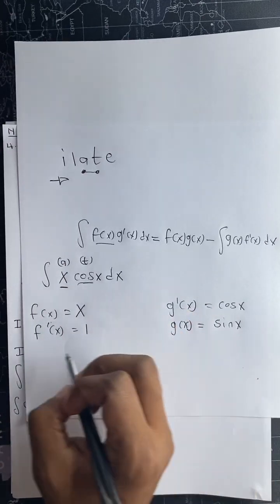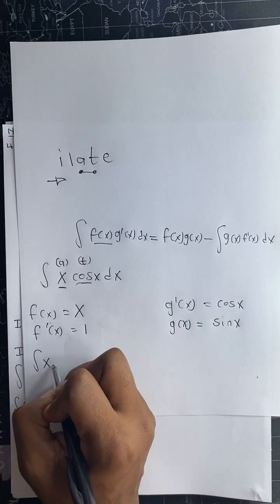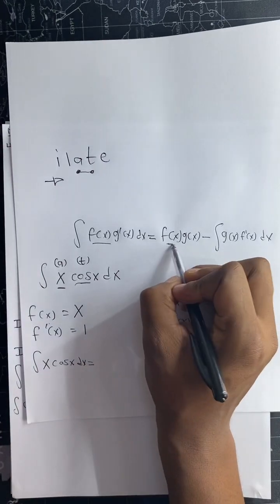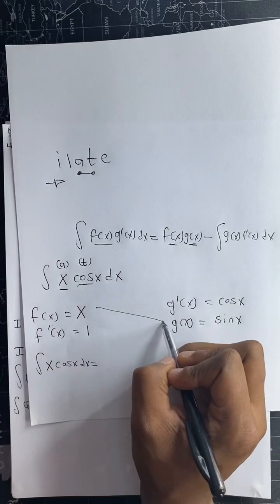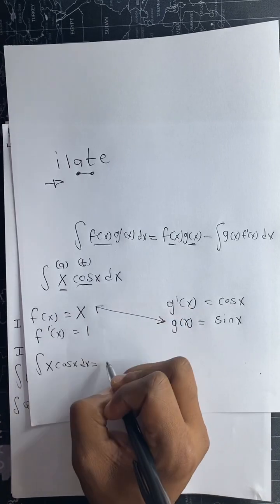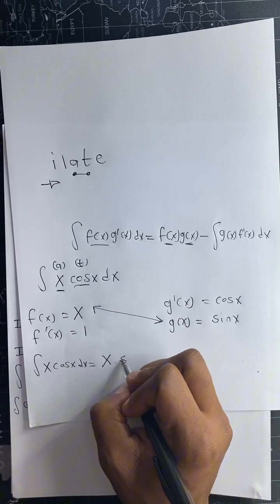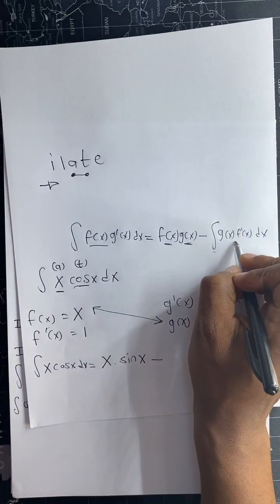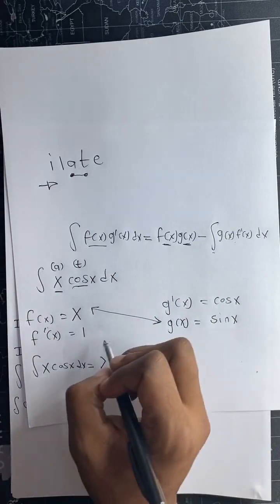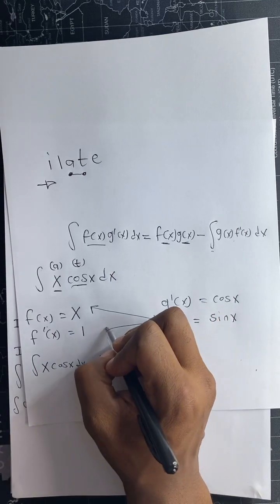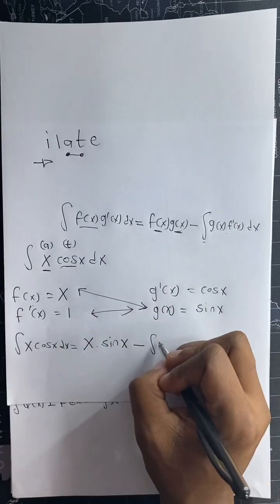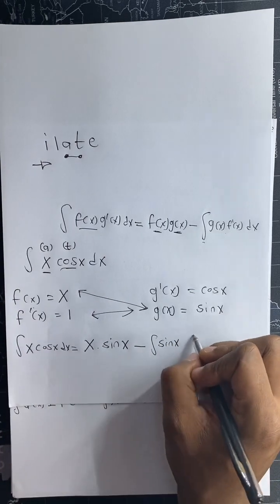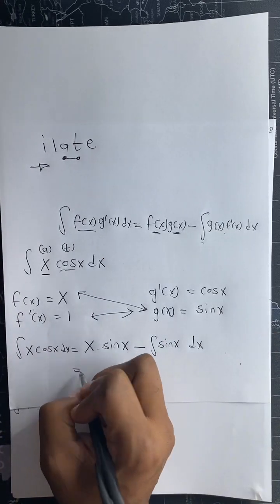So now, to determine the integral of x cos x dx, we get f of x multiplied by g of x, where f of x is equal to x, our g of x is equal to sin x, minus the integral of g of x multiplied by f prime of x, where g of x is equal to sin x and our f prime of x is equal to 1 dx.